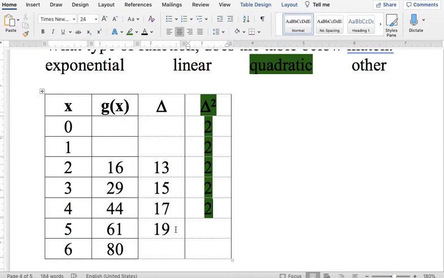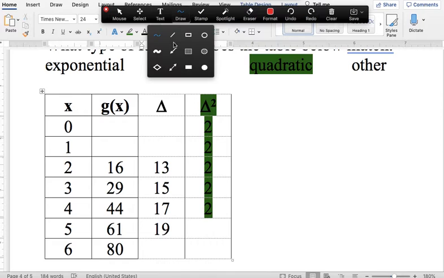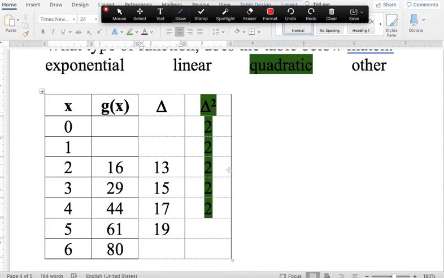So I know that the way I got these 2's here was I said 13 plus what gets me 15. 15 plus what gets me 17. 17 plus what gets me 19.